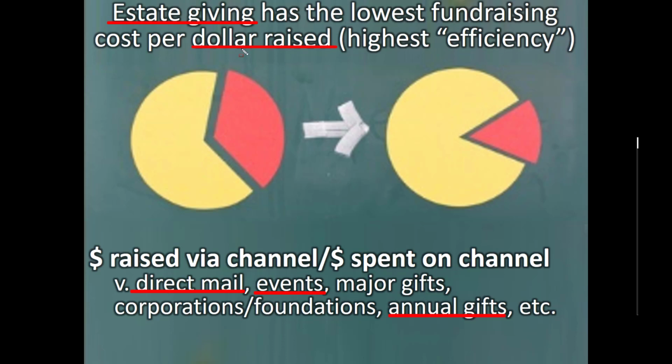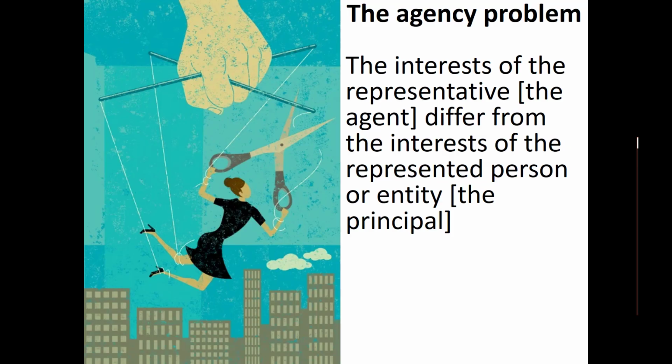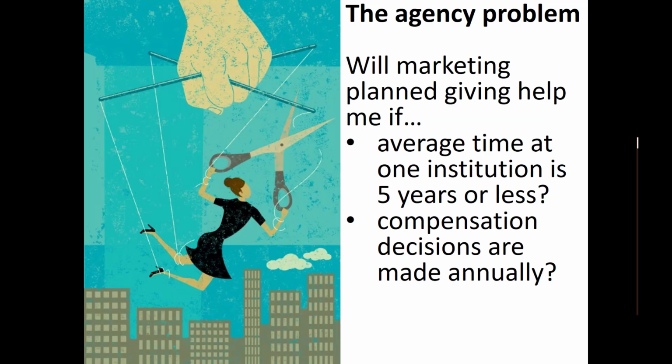Because of the long time delay between when you do the behavior and when you ultimately get the dollars in, you can do things wrong for a really long time. That's one of the realities that's different about encouraging revocable gifts and wills, and the reason why metrics matter a lot more in this area.